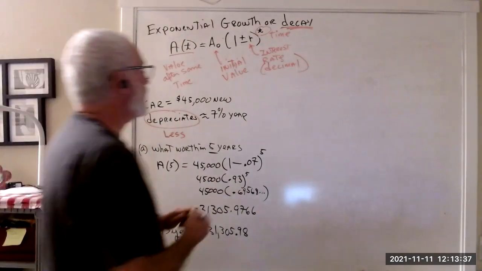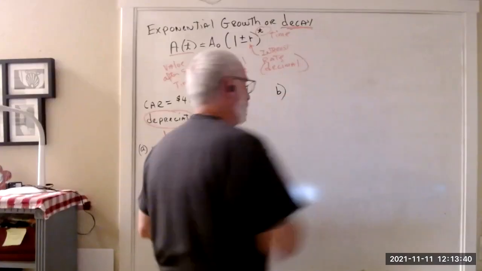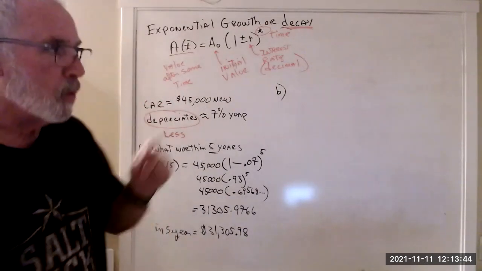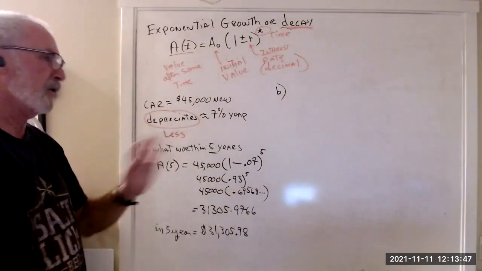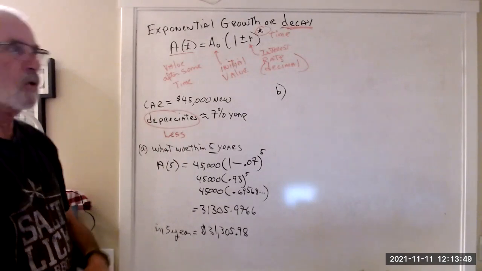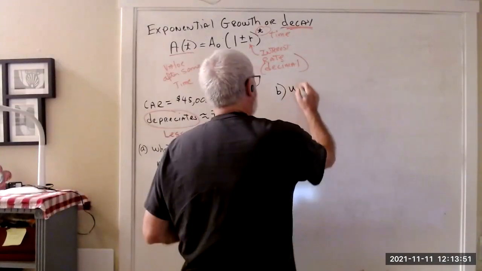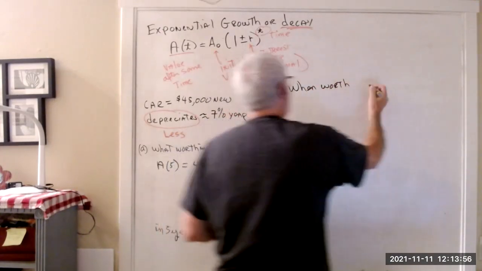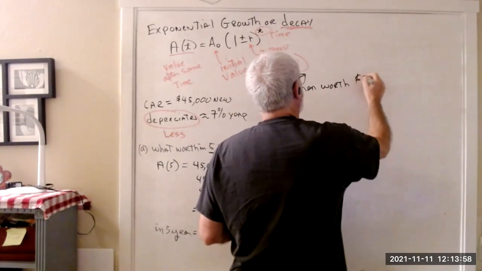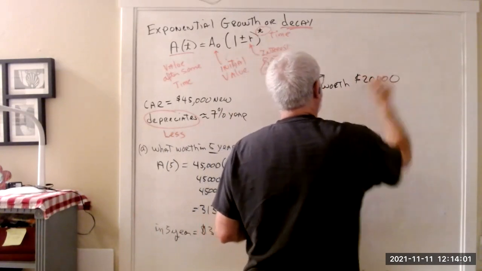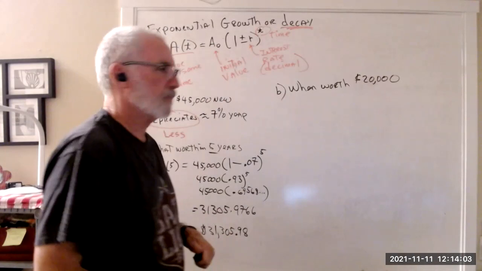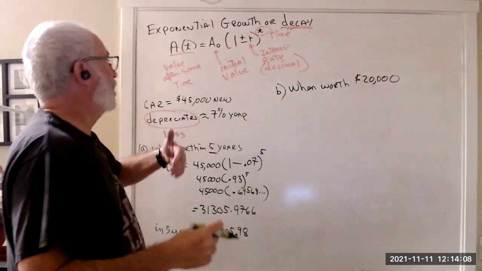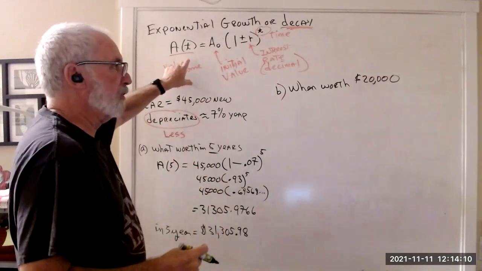All right, part B of this asks a much more complicated problem. It says, when will it be worth 20,000? Now, this is a much more complicated problem. When is it worth 20,000? Okay, much more difficult. So wait a minute, 20,000 is what it's going to be worth in the future.